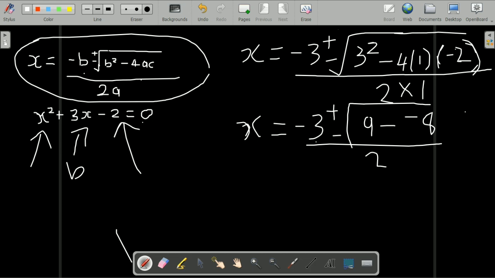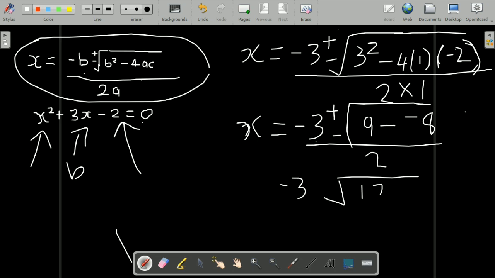Don't mind my handwriting. So after doing that, 9 minus negative 8, we actually get a 17. Go back.